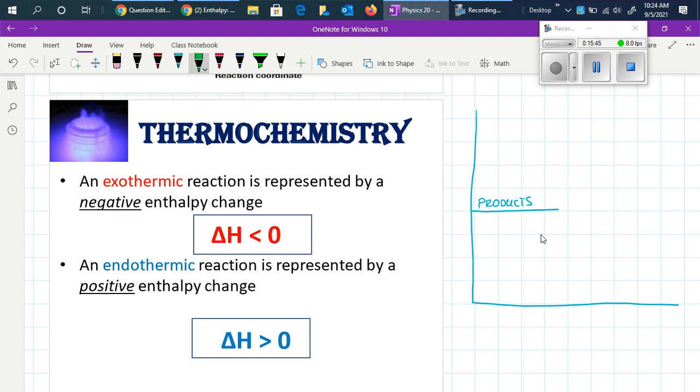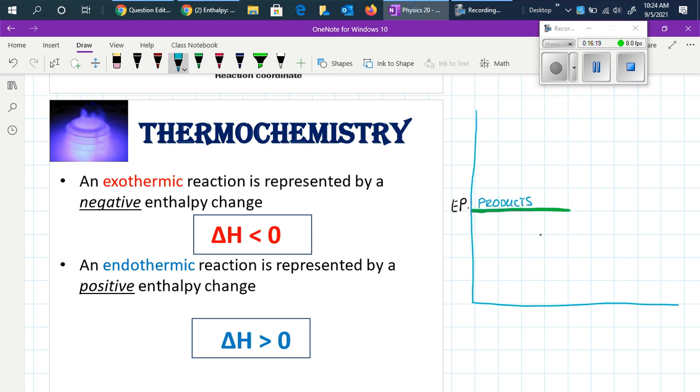I will make the products in green so that we can work with both cases in the same graph. And what we have here is a certain potential energy of those products. So this is EP, potential energy, which, again, as we said, is the energy that is stored in the bonds of the chemical compounds.